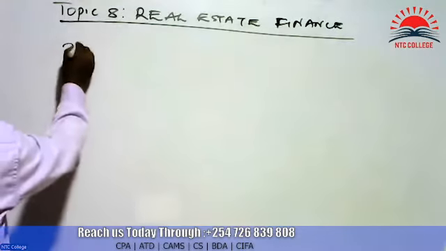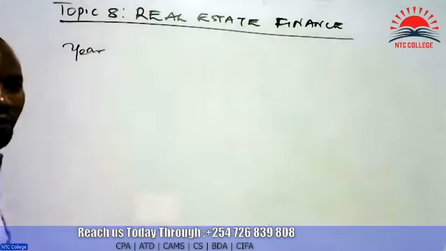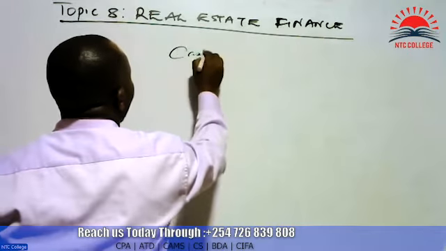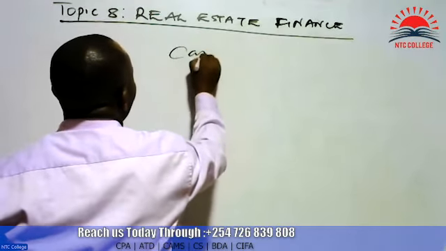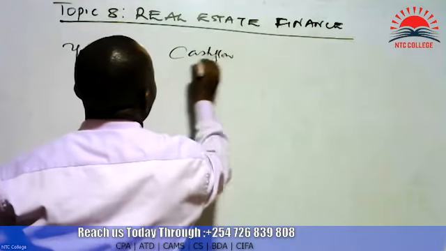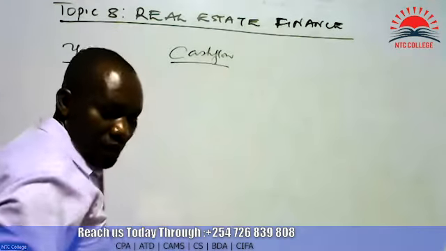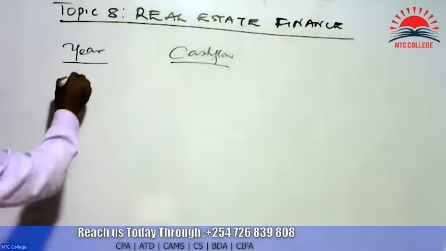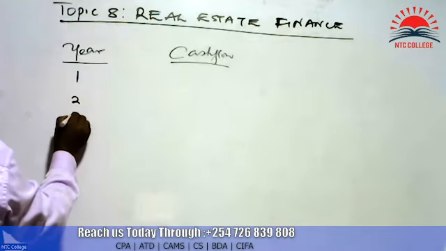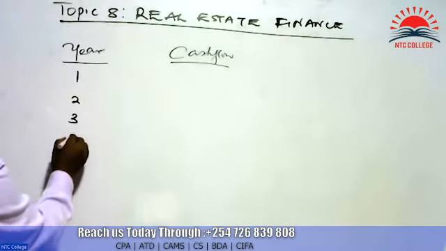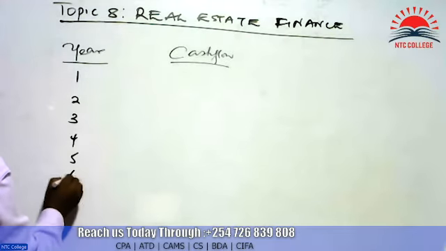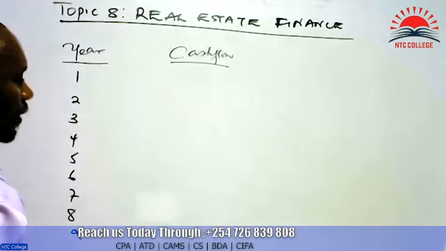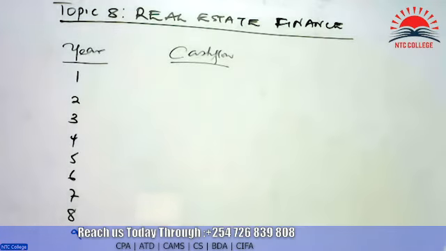So we have year and we have cash flow. We are given year 1, year 2, year 3, year 4, 5, 6, 7, 8, and then year 9 onwards.